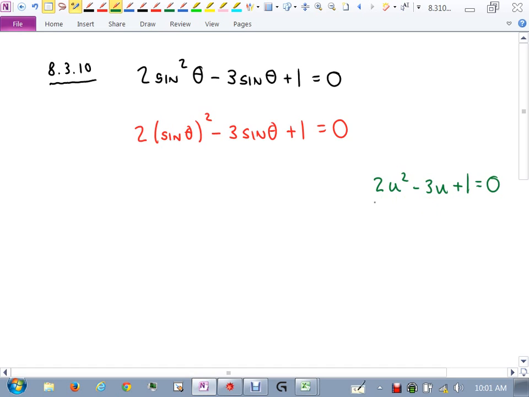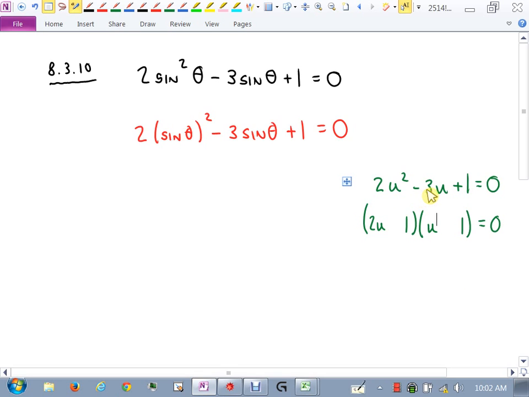So help me factor this real quick over here. Now this is going to all be up to you, how comfortable you are with factoring. To factor something like this, I could use a guess and check method where I need the first term to be a 2u squared, so I put 2u here and a u here. I know when I multiply those, I get 2u squared. I need my last term to be a 1, so I could put a 1 here and a 1 here.